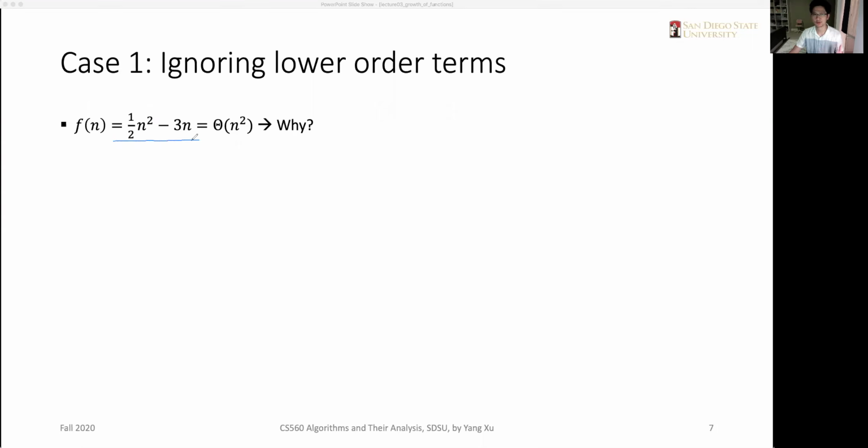This is a quadratic function. And we say that this function belongs to the set big theta of n squared. Okay. So this is actually something we can infer from the previous lecture.